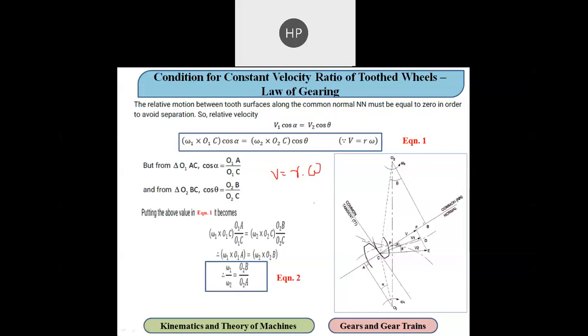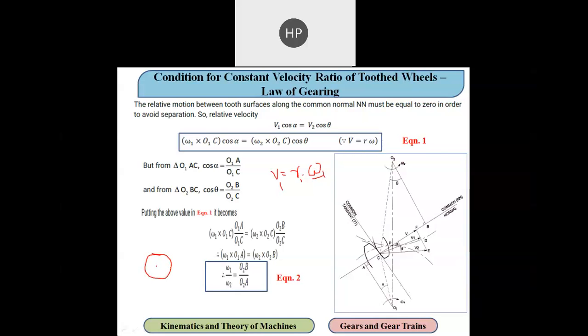Now we will consider only gear number 1. How can we get the value of v1? V1 is equal to r1, where r1 is the radius, into omega 1. Generally, we know that suppose this is a circle and this is the center.